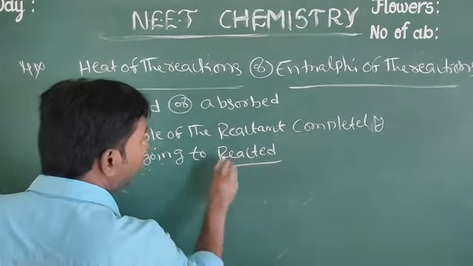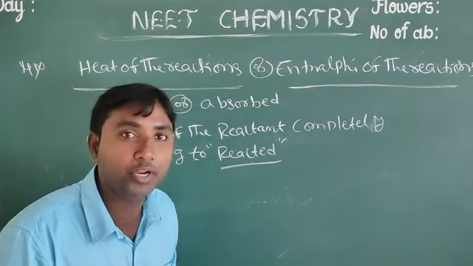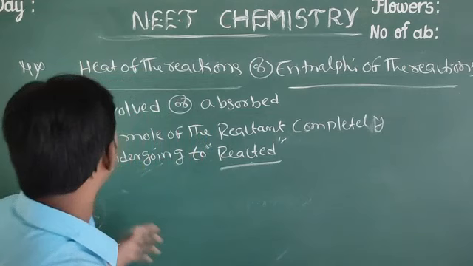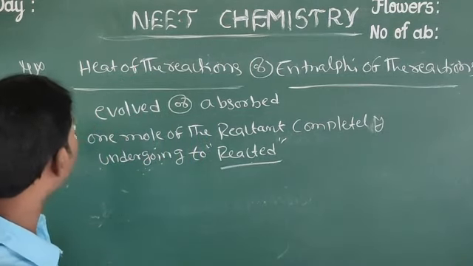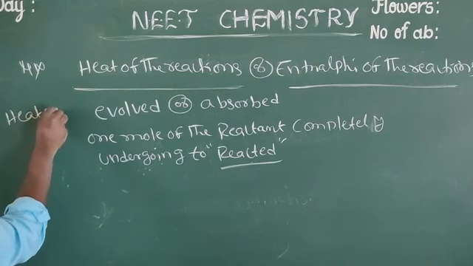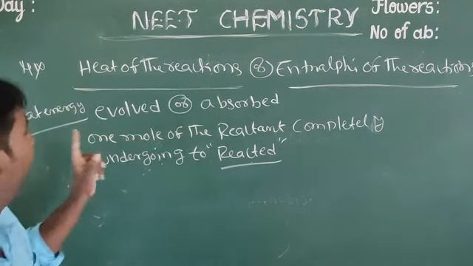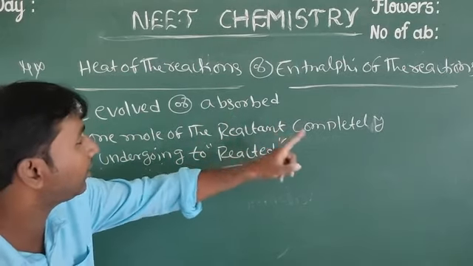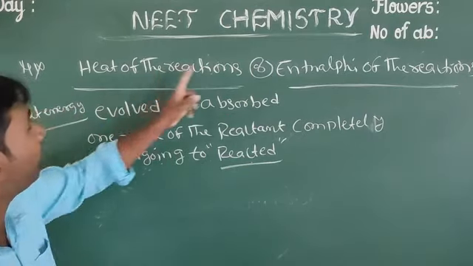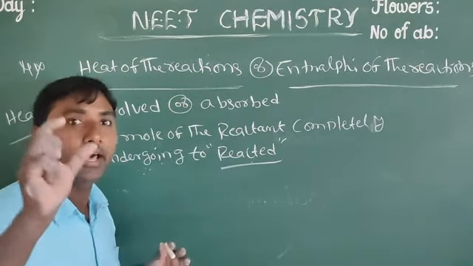Reacted means completely consumed, completely converted to the product. Okay, so the amount of heat energy evolved or absorbed when 1 mole of the reactant completely reacts, that is called heat of the reaction or enthalpy of the reaction.